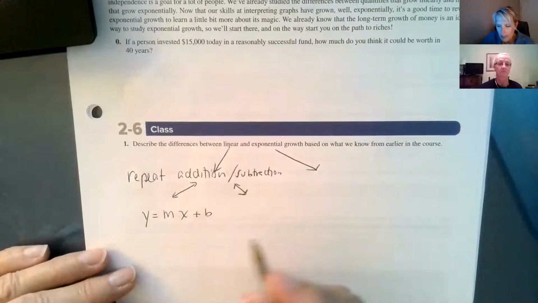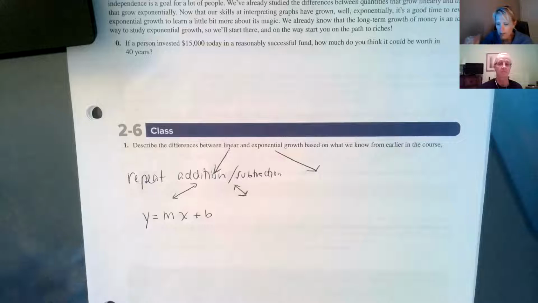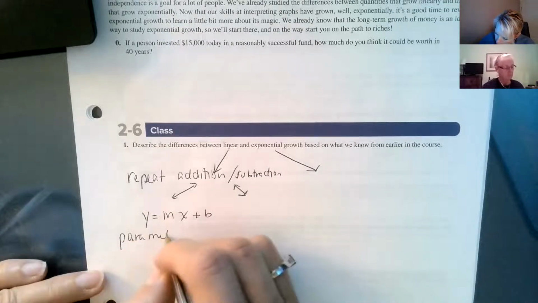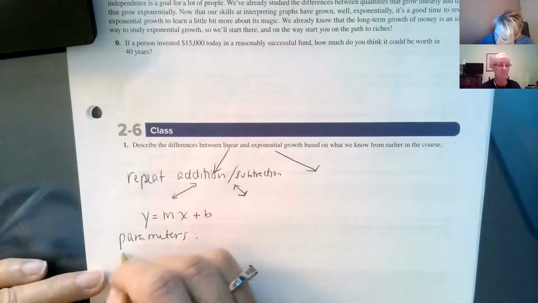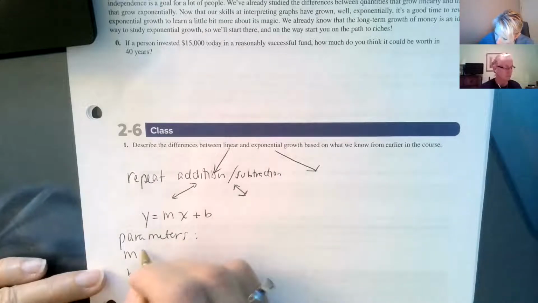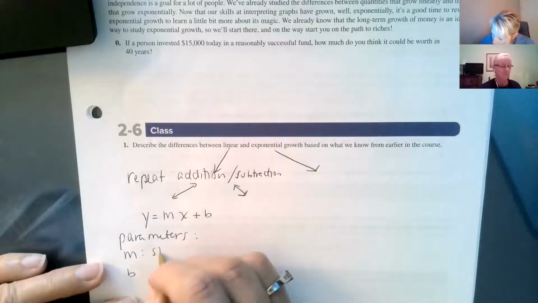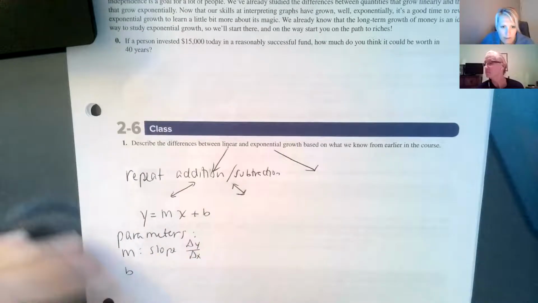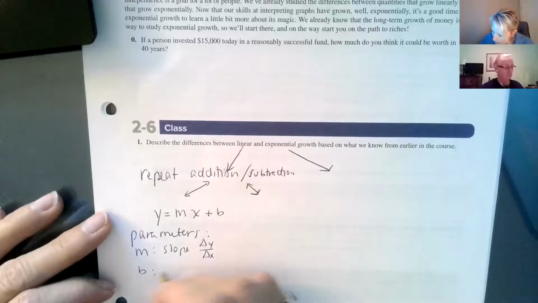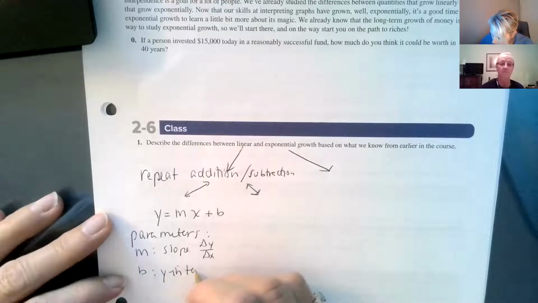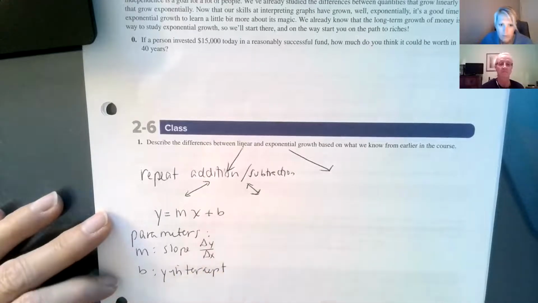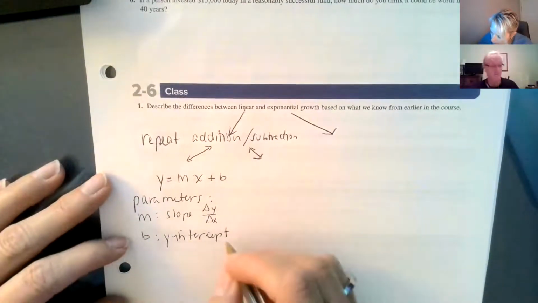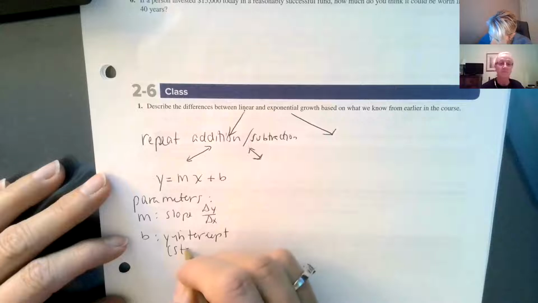So when you do the modeling on Desmos, the word parameter comes up in that box, but the parameters are m and b, where m is your slope, which is your change in y over change in x, and then b is your y-intercept, your starting value.